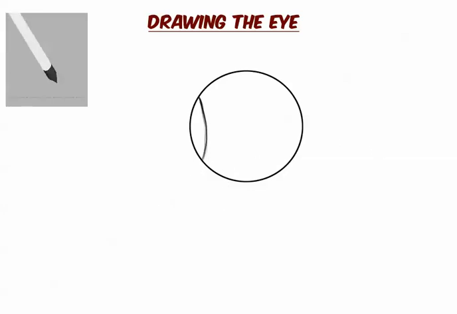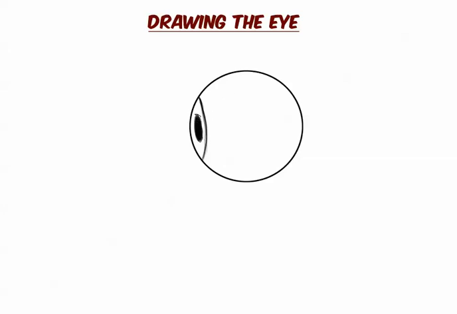Oh, let me remove that brush in the corner there. So we draw the iris just like that, and it's very simple. For the pupil, what we do is draw an oval shape in the middle to represent the pupil, and that's it.